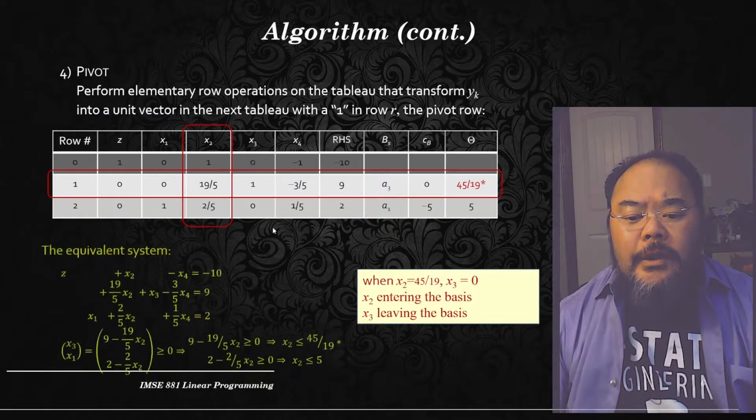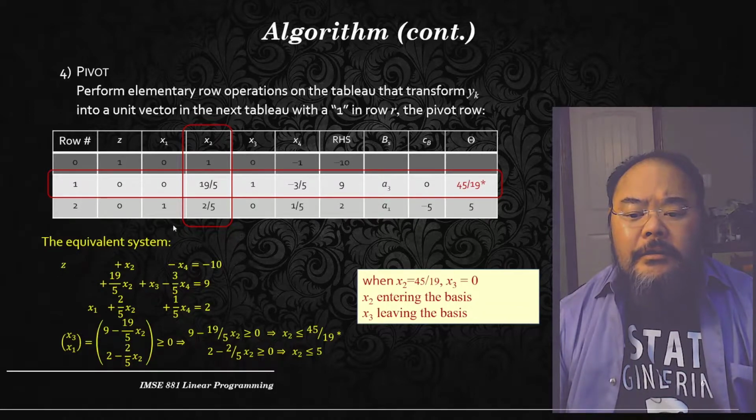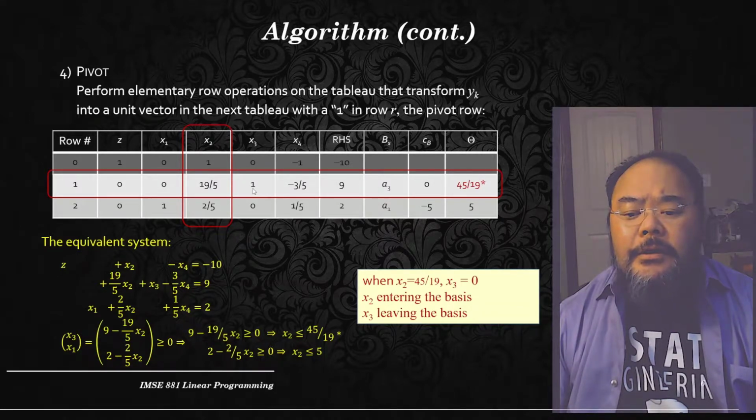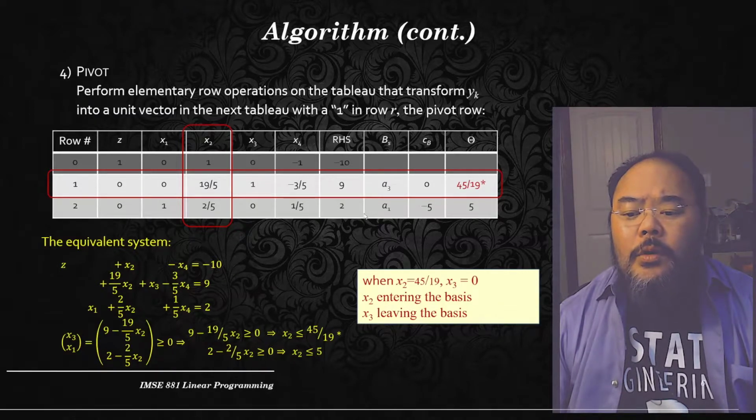The equivalent system, what we have is basically z plus x2 minus x4 equals to -10, and that's the current objective function value. 19/5 x2 plus x3 minus 3/5 of x4 equals to 9. x1 plus 2/5 of x2 plus 1/5 of x4 equals to 2.